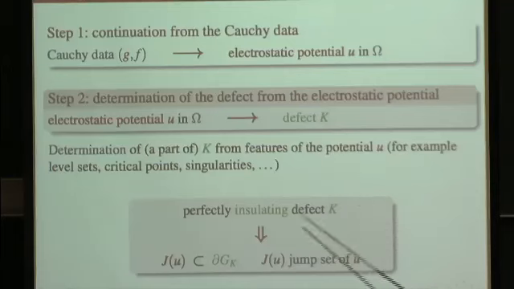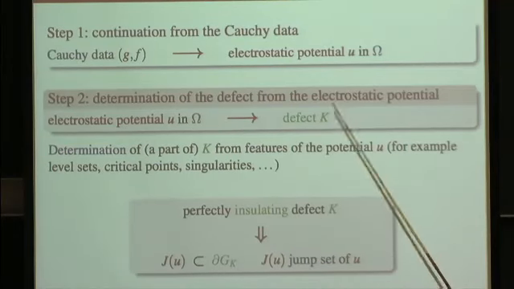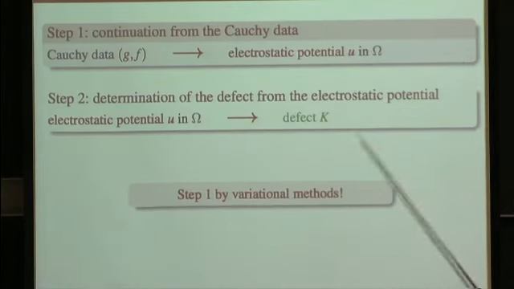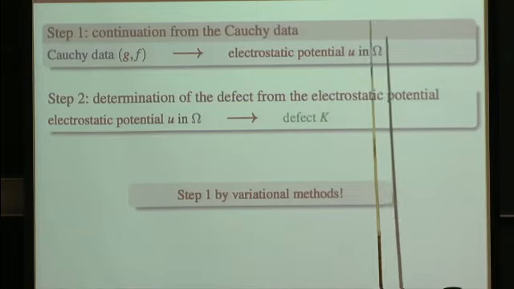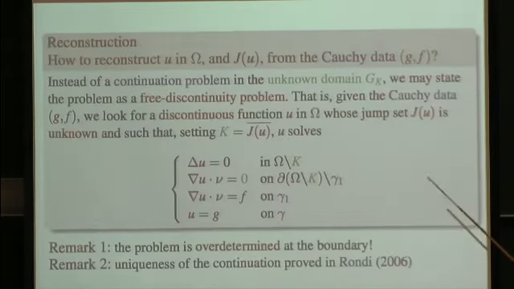So the problem here actually is going from here to here. And I'm going to explain a little bit how to do that by a variational method, essentially. So what is the idea?